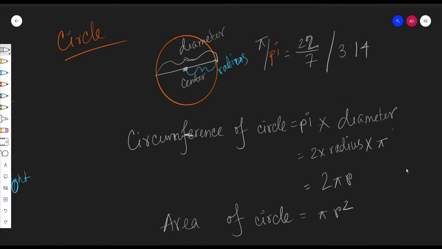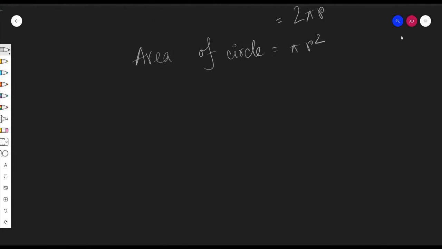All of these things we were discussing were 2D shapes. Circle is a 2D thing, rectangle, parallelogram, trapezium, all were 2D things. Now we are going to discuss 3D things, which make up the volume topic.